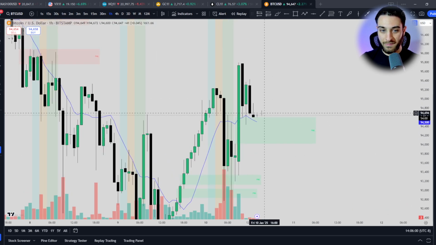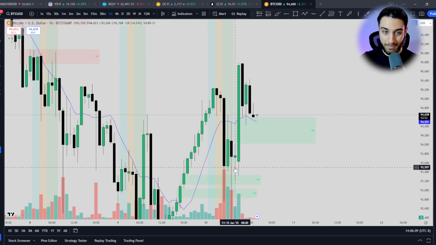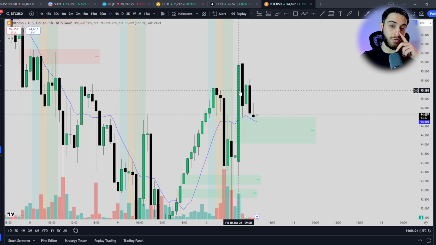When the candle forms initially, it's going to look like this. On the right side of the chart, you see the timer. We are right now on the hourly time frame, meaning each candlestick represents 1 hour of price fluctuation. So this big green candle represents 1 hour of price fluctuation from, this is Pacific time, 9 o'clock Pacific time to 10 o'clock Pacific time. At 9 o'clock it opens, and at 10 o'clock it closes.